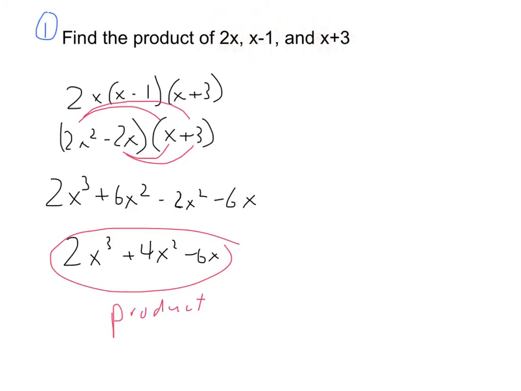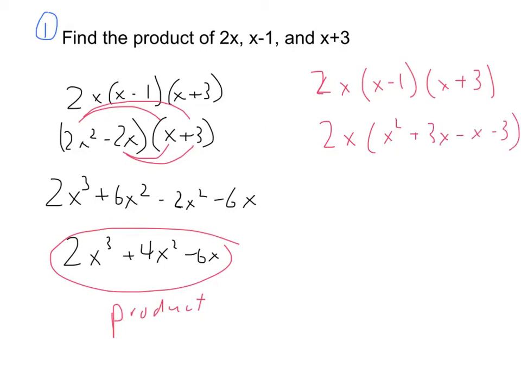These are our factors. And I just want to mention, if you had done 2x times x minus 1 times x plus 3 in a different order, you would still get the same thing. So I'll do this real fast. If I multiply this x minus 1 times this x plus 3 first, and let's leave the 2x alone, we would get x squared plus 3x minus 3, which simplifies to become x squared plus 2x minus 3.